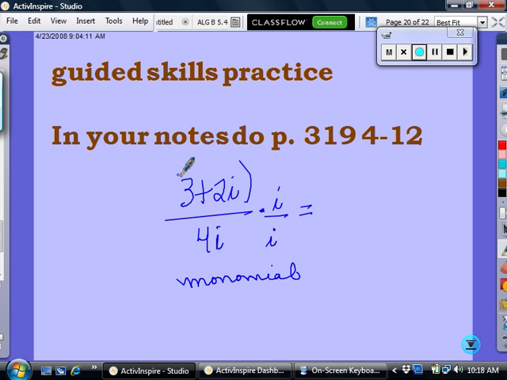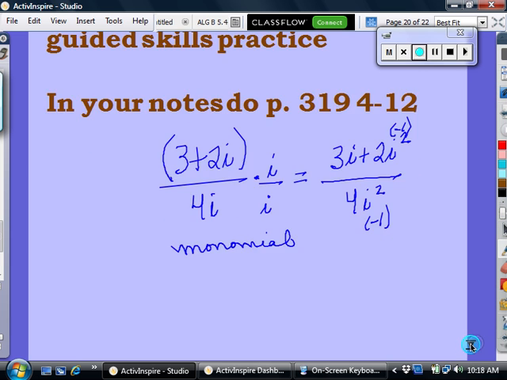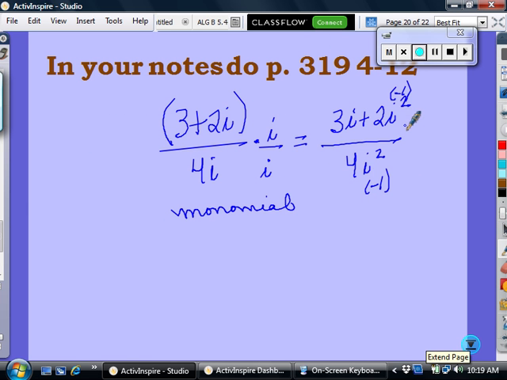Now, you got to do the distributive property up here, people. 3 times I, 2I times I, over 4I times I. What are those I squareds tell me? Negative 1. So what do I have? Well, I got to write my real part first. So what does this become?